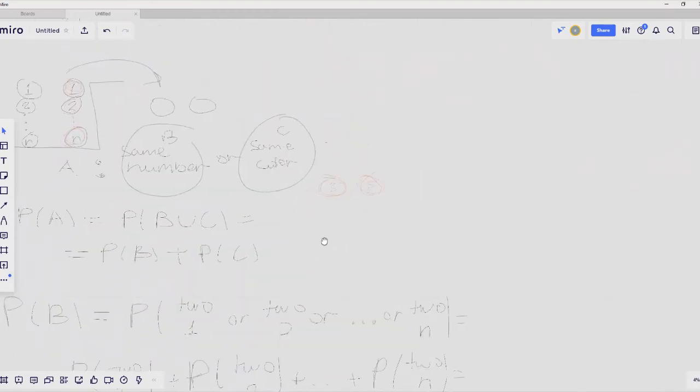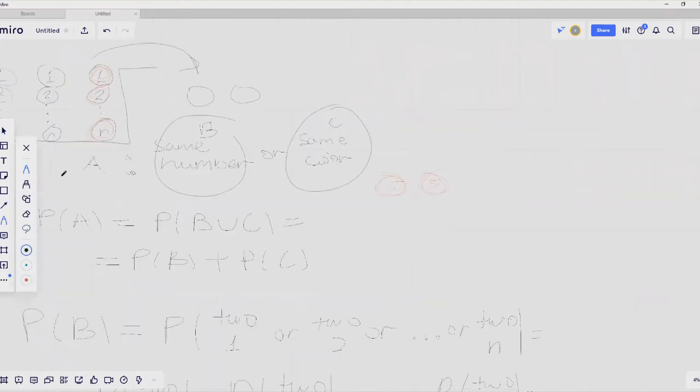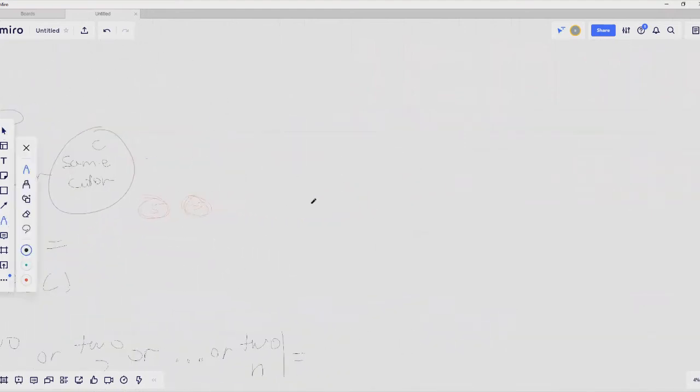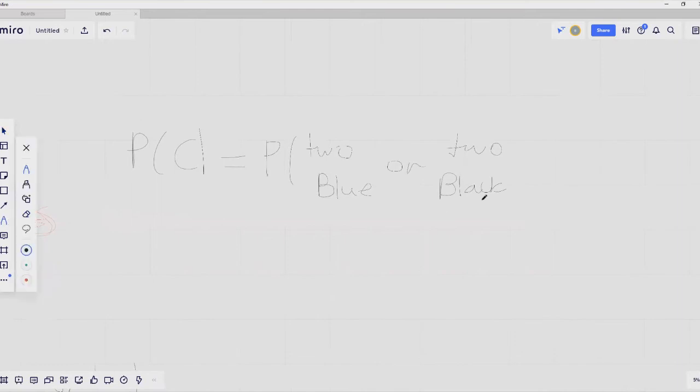Now let's find the probability of drawing two chips that have the same color. So this can be expressed as the probability of having two blue chips or two black chips or two red chips.